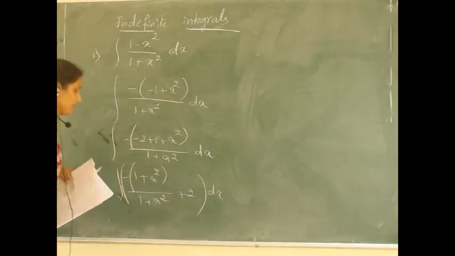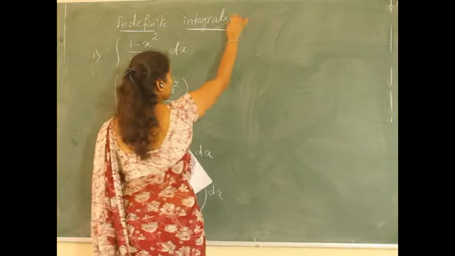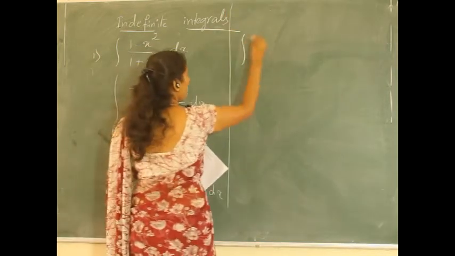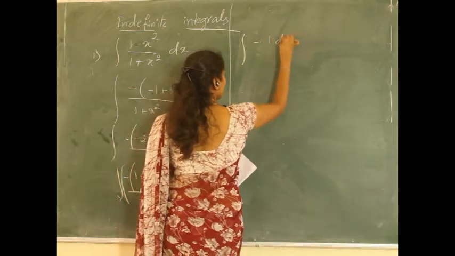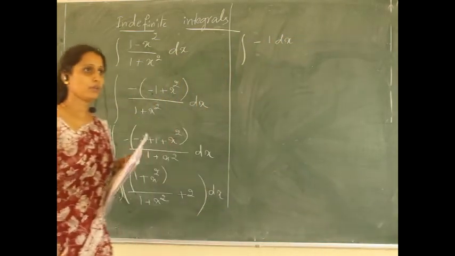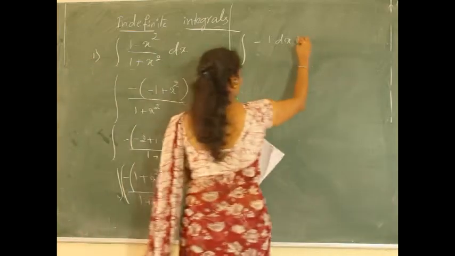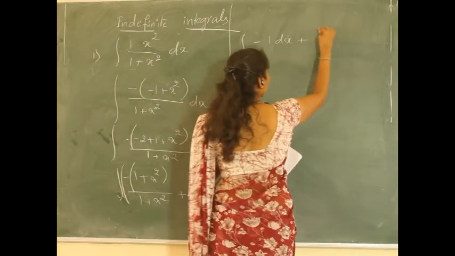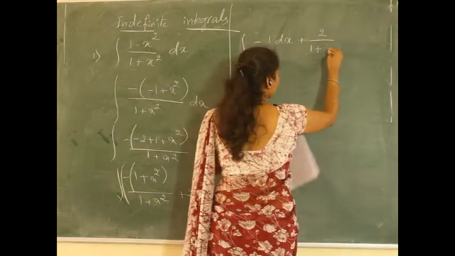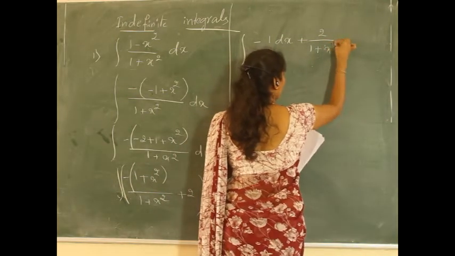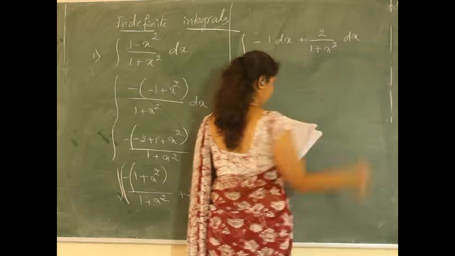Then we can split this. When we split, the integral becomes integral of minus 1 dx, then plus 2 divided by 1 plus x square dx.